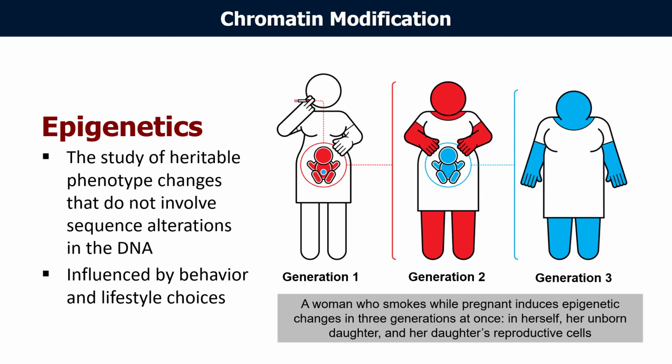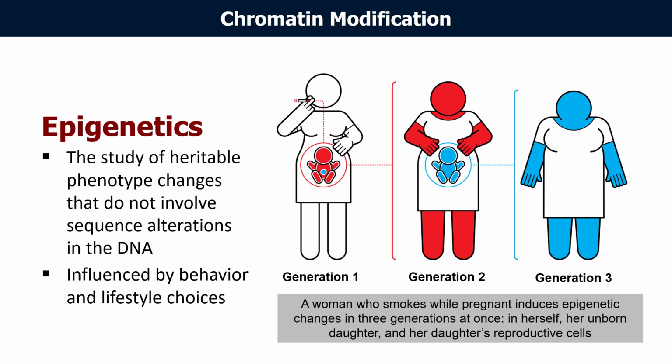And so smoking is a choice that you really should avoid while pregnant, because that choice is going to affect the methylation and acetylation patterns of not just your DNA, but of your baby's DNA and of your baby's reproductive cells, so that when your baby grows up and reproduces, the next generation is impacted as well. So this one person's choice is going to impact 3 generations of people.